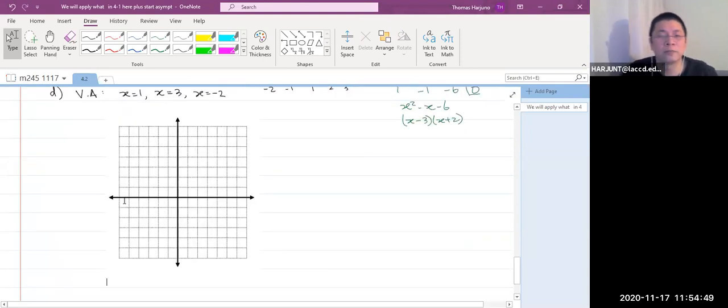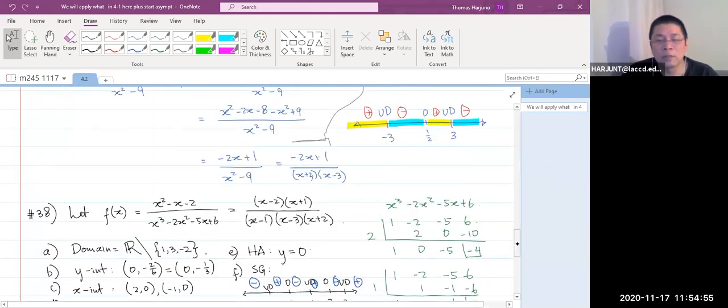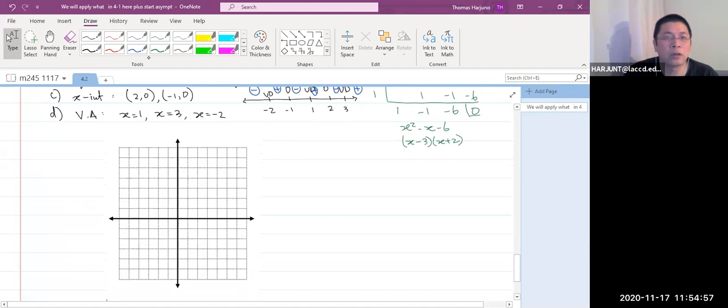Let's put things together. Y-intercept 0, negative 1/3. It's very close to the x-axis. X-intercepts 2, 0 and negative 1, 0.